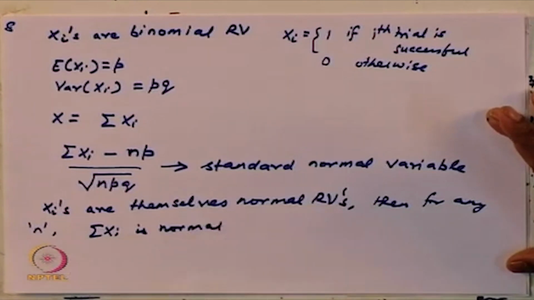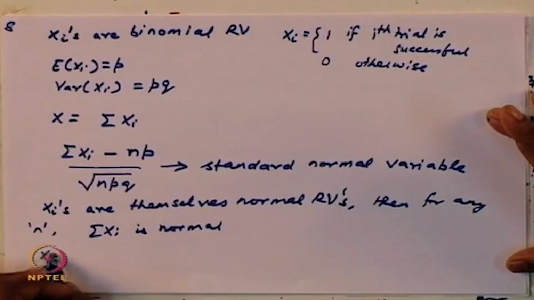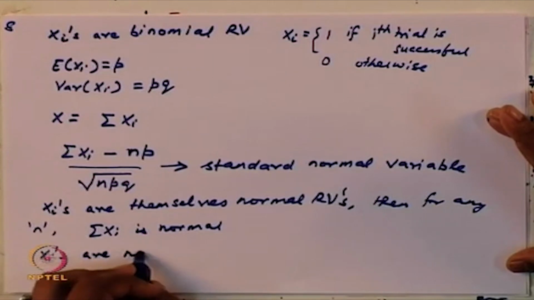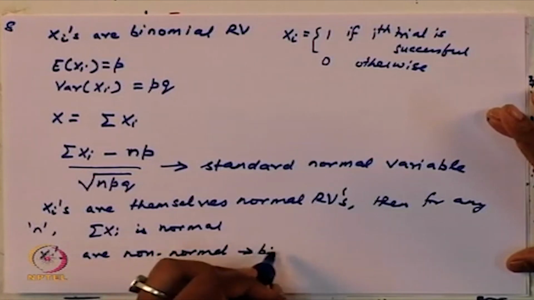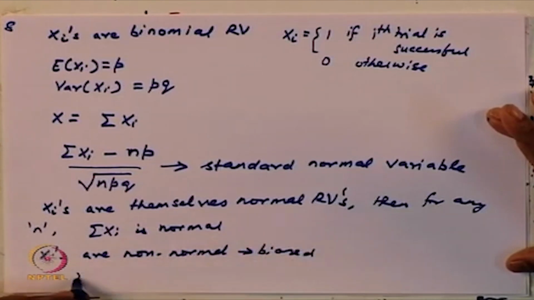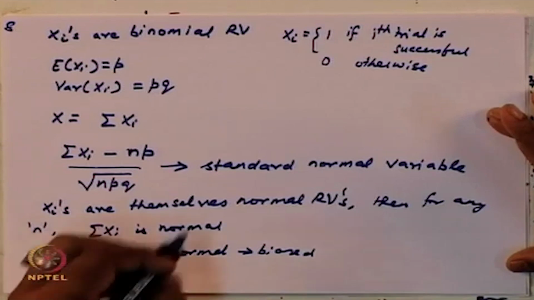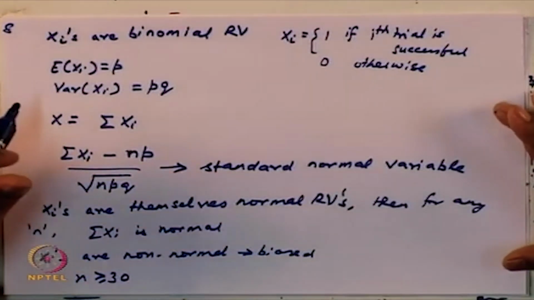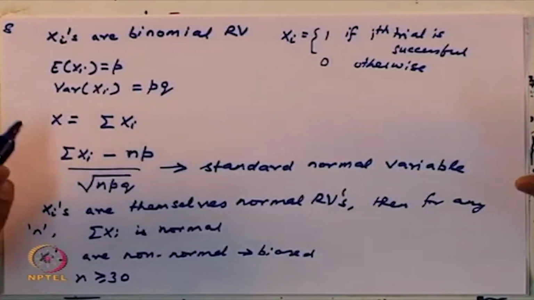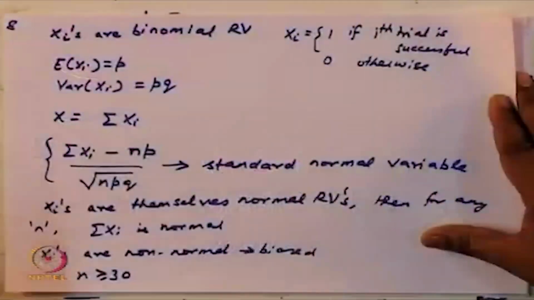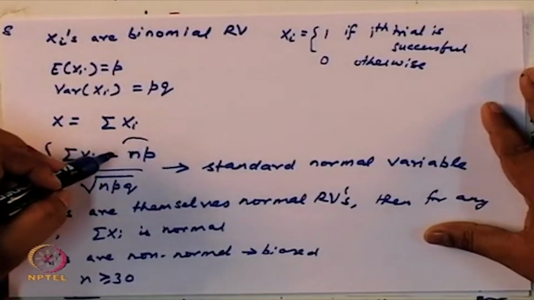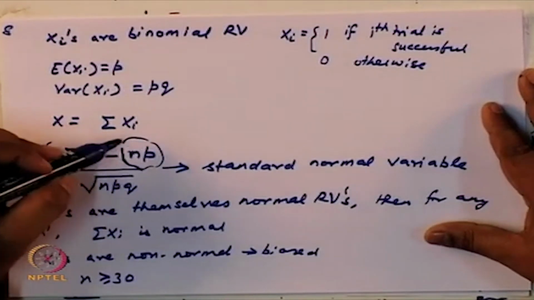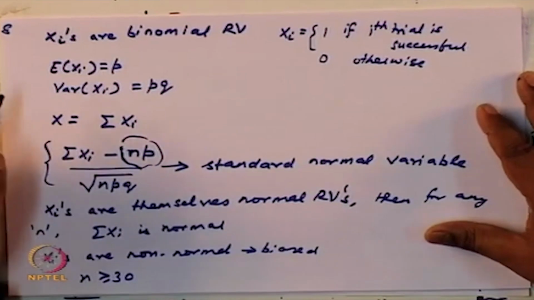But if xi's are non-normal, and maybe even biased, in that case you need to have n greater or equal to 30 for this distribution to be a normal distribution. So, for a binomial random variable, summation xi follows normal with mean of np and variance of npq.